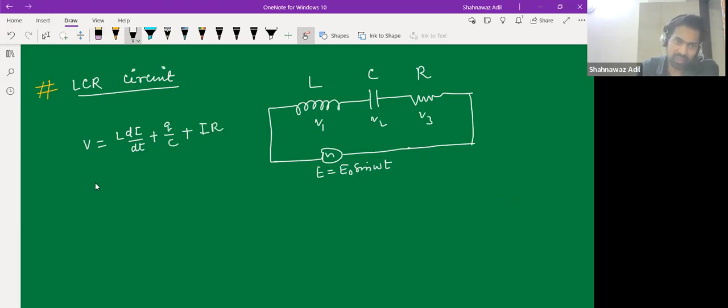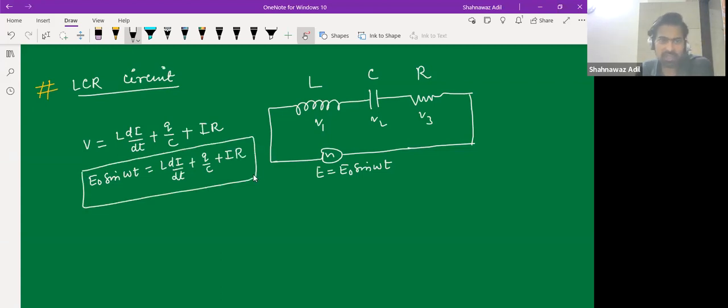And then E is E naught sine omega t, which is L di by dt plus Q by C plus IR. Okay, so can I solve this equation?